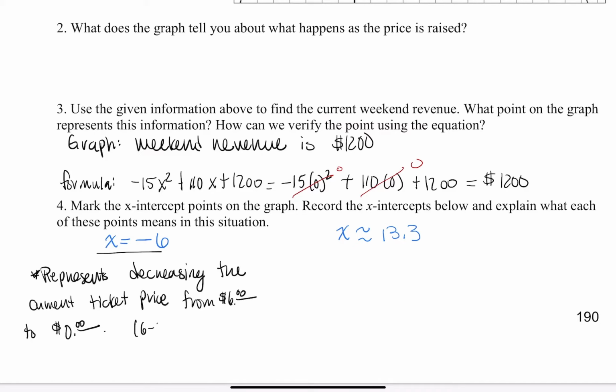That's because 6 minus 6 equals 0. And decreasing the price $6 so that admission is free projects a revenue of $0. So per this model, the revenue would be $0. So no money for the park if they offer free admission.